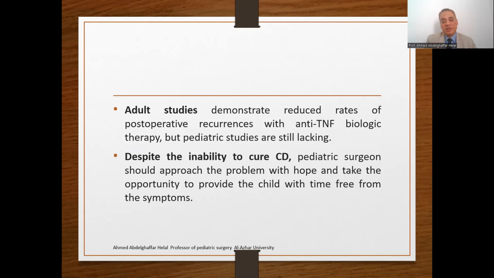Despite the inability to cure Crohn's disease, the pediatric surgeon should approach this problem with hope and take the opportunity to provide the child with time free from symptoms. The pediatric surgeon must do the best to get the child time free from symptoms, trying to solve the problem, and must approach the patient with hope.